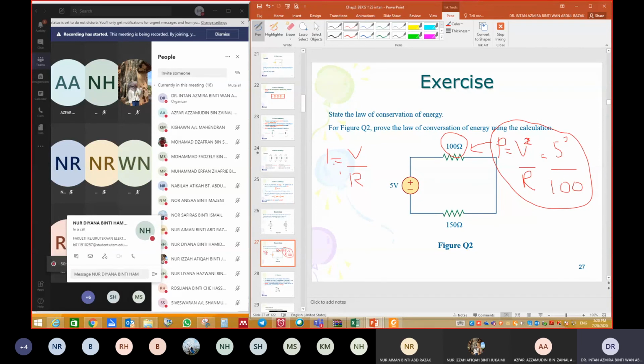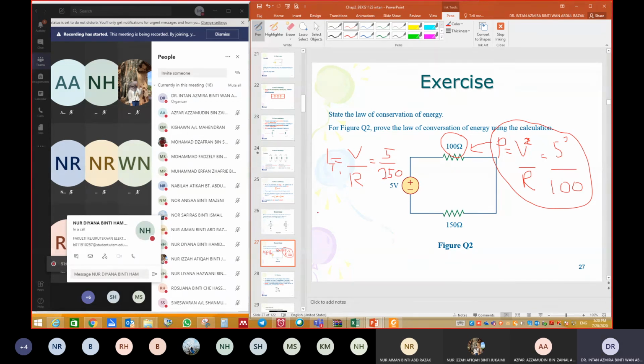So you may find the power here by using P equals IV. I is equal to V over R, where V is 5 and R is 100 plus 150. So this is the total current: I total is equal to V over R, 5 divided by 250.